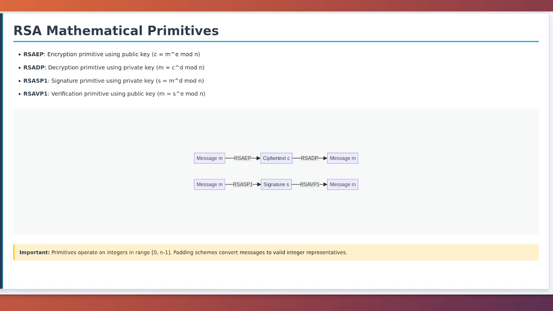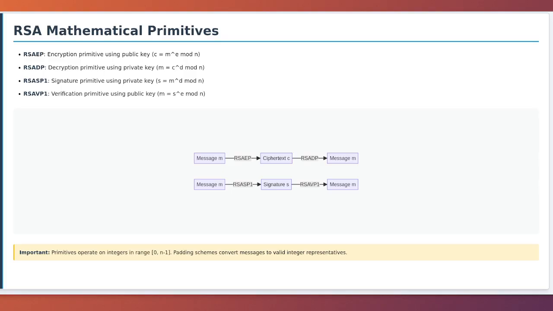RSA mathematical primitives. Before we can encrypt or sign data with RSA, we need to understand the fundamental mathematical operations that RFC 8017 defines. These are called the RSA primitives, and they are the low-level building blocks that the encryption and signature schemes are built upon. The first primitive is RSAEP, which stands for RSA encryption primitive.